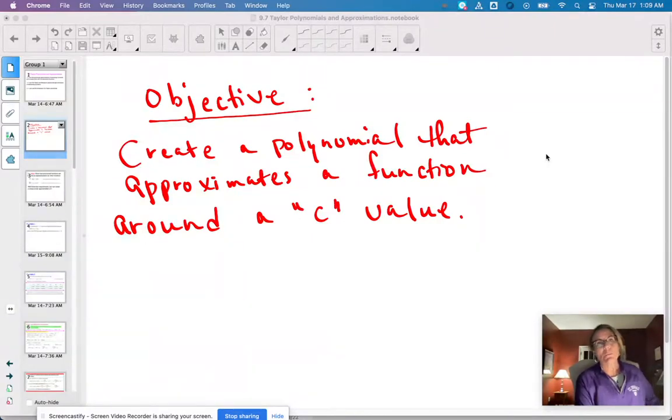And so that is our purpose here. We're going to be today creating polynomials that are going to approximate a function. And like I said, they're going to be exactly the same around that c value. And they're going to be different as we move away from the c value. But the larger the degree of the polynomial, the more exact they will be.